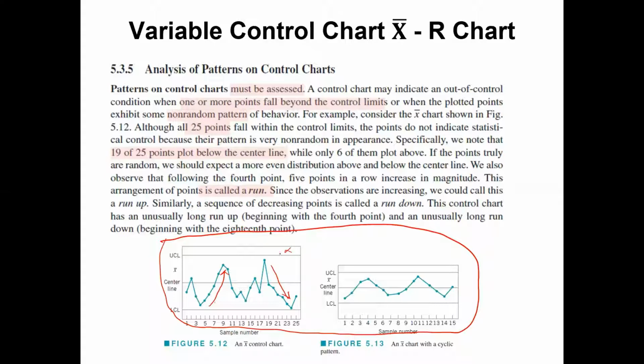On top of that, we also need to look into the trend of the distribution of the points plotted on the control chart in order to identify hidden issues that need to be discovered in order to prevent failure from occurring. Correct? So that is why we need to study or analyze the trend of the points plotted on the control chart.